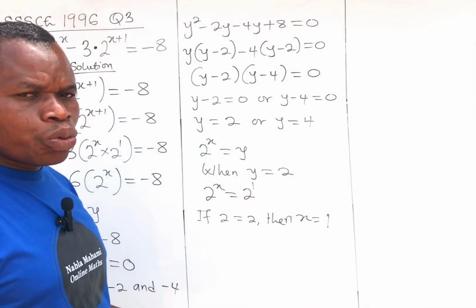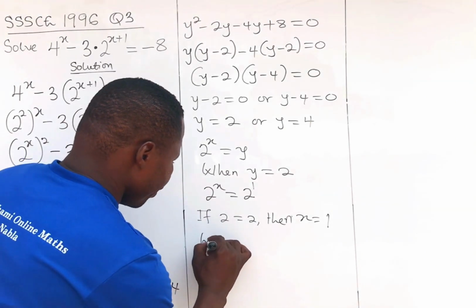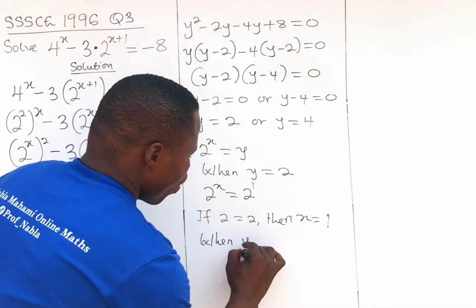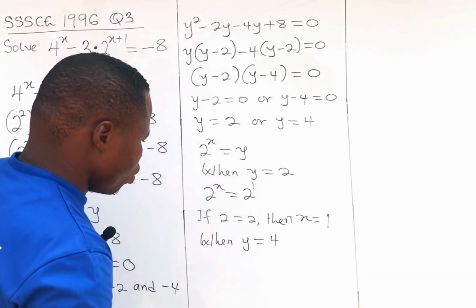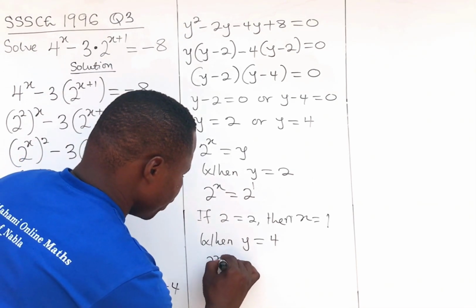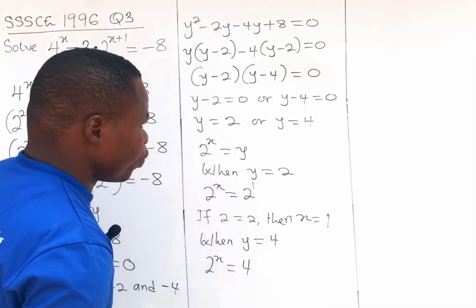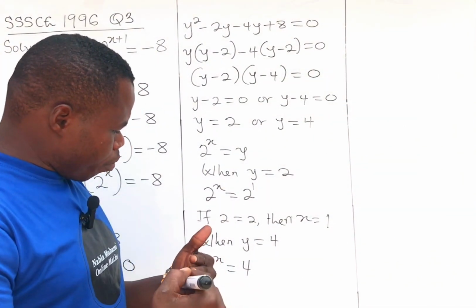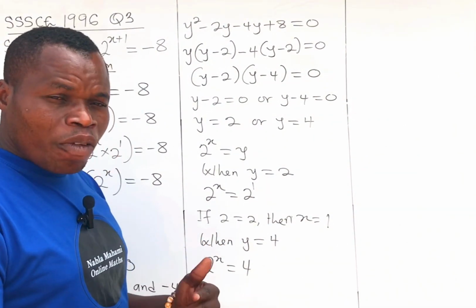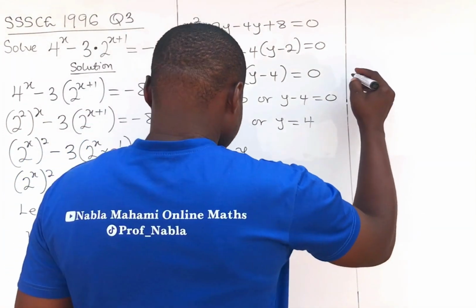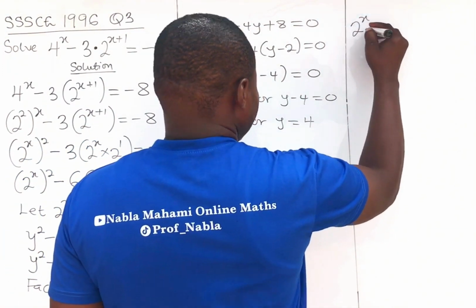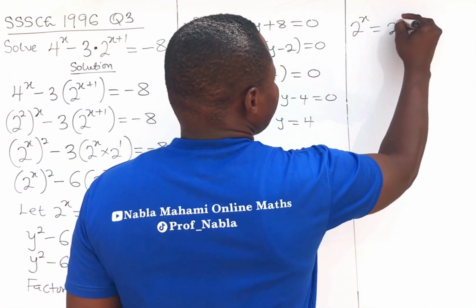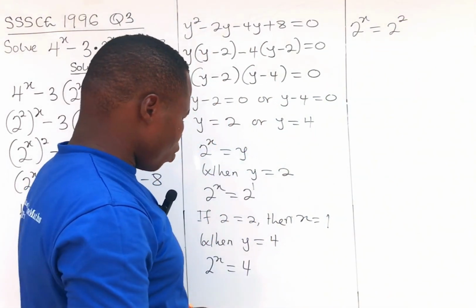We use the other value for y. And that one I'll say that when y is equal to 4, I can say that 2 exponent x is equal to 4. And this 4 can be broken into form of what? 2's. That will be 2 exponent x is equal to 2 exponent 2. 2 squared is 4.